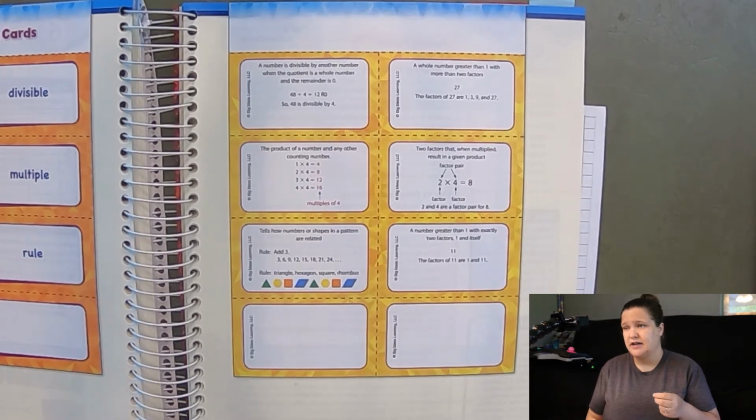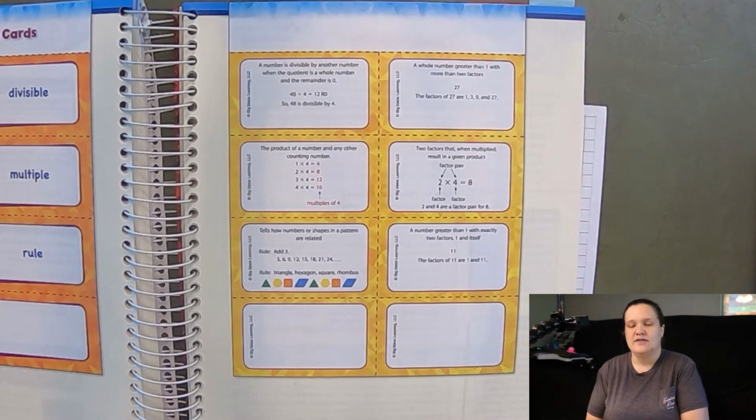Okay, this is 4, right? Because you can do 2 times 2 as well as 1 times 4. This is 25 because you can do 5 times 5 as well as 1 and 25. There are also some numbers that have more than just 4 factors.